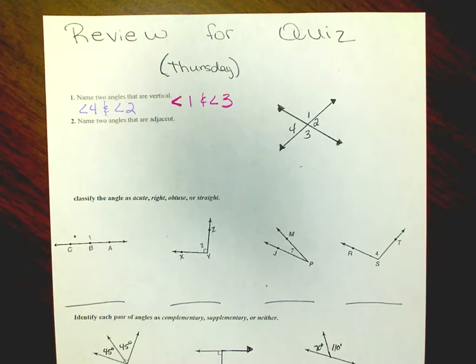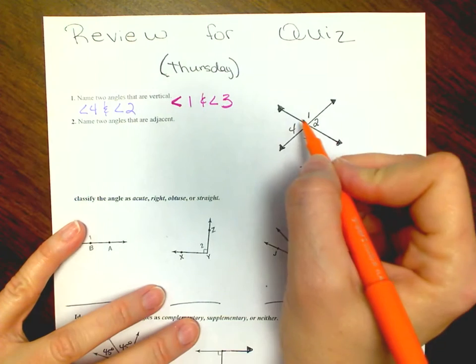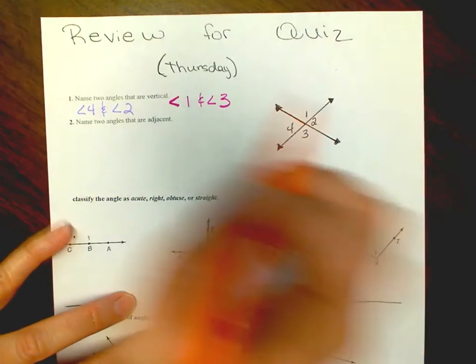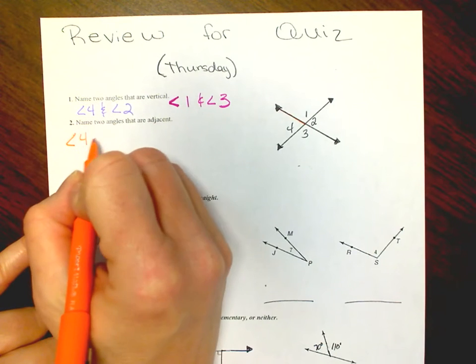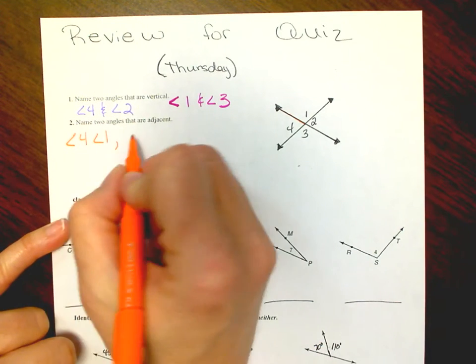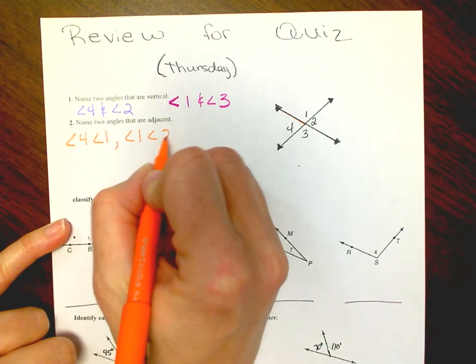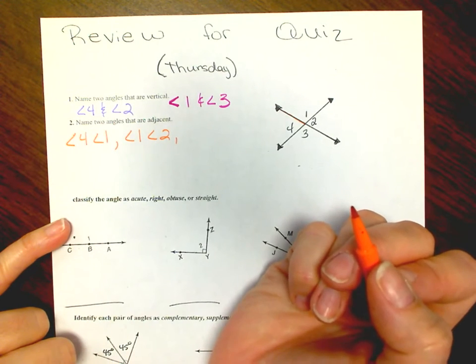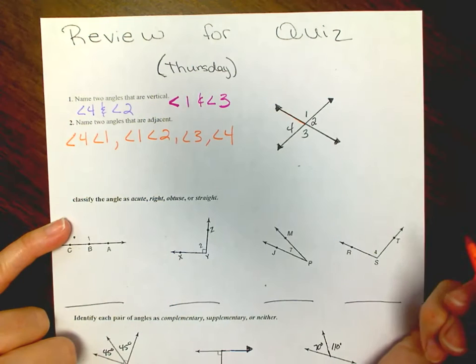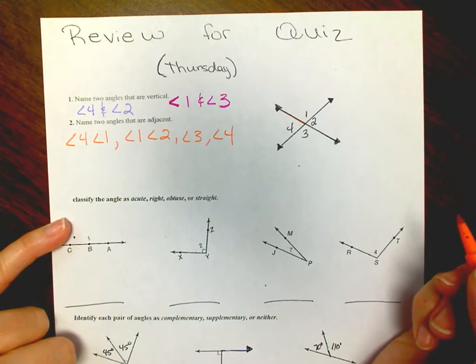Adjacent angles, remember, share the same vertex and a common side. So I can name angle 4 and angle 1, those are adjacent. Angle 1 and angle 2 are adjacent. Angle 3 and angle 4 are adjacent.